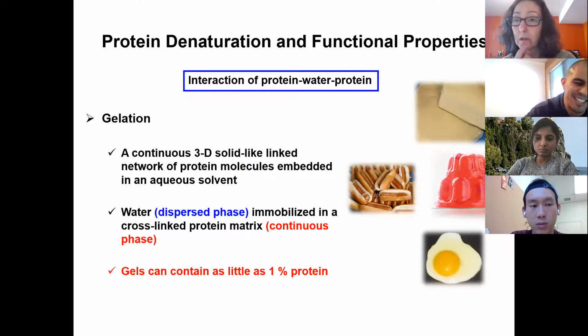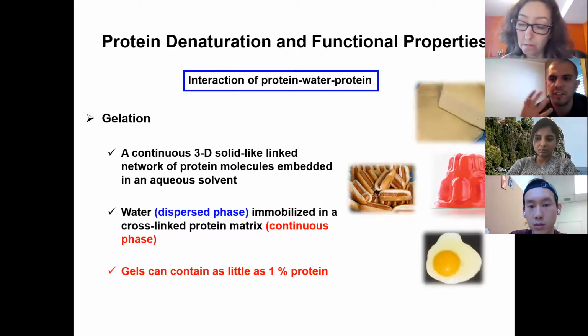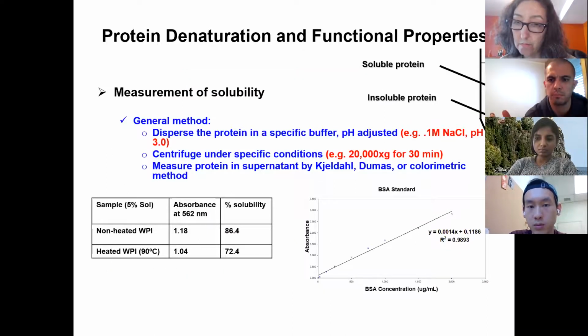I have a question, sorry. On solubility, for example, if I make a solution, pass it through a filter, and then dry the supernatant and just do it by gravimetry, would it be okay like this?